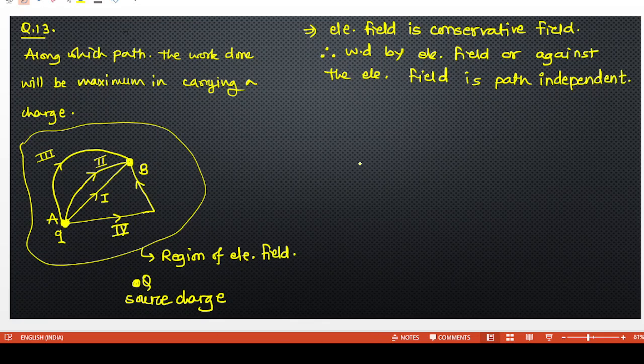Therefore, work done by the electric field or against the electric field is path independent. Against the electric field means by the external agent, and by the electric field means by the electric force. Therefore, work done along path 1 is equal to work done along path 2, is equal to work done along path 3, is equal to work done along path 4.